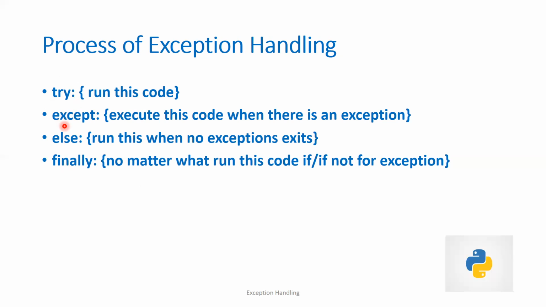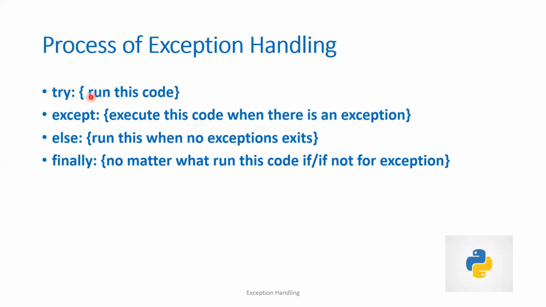So let's discuss these keywords and their significance. Try will create a block. Inside the curly braces, I am trying to indicate that there is a block. We will see in the coming lectures how we can write this try block.